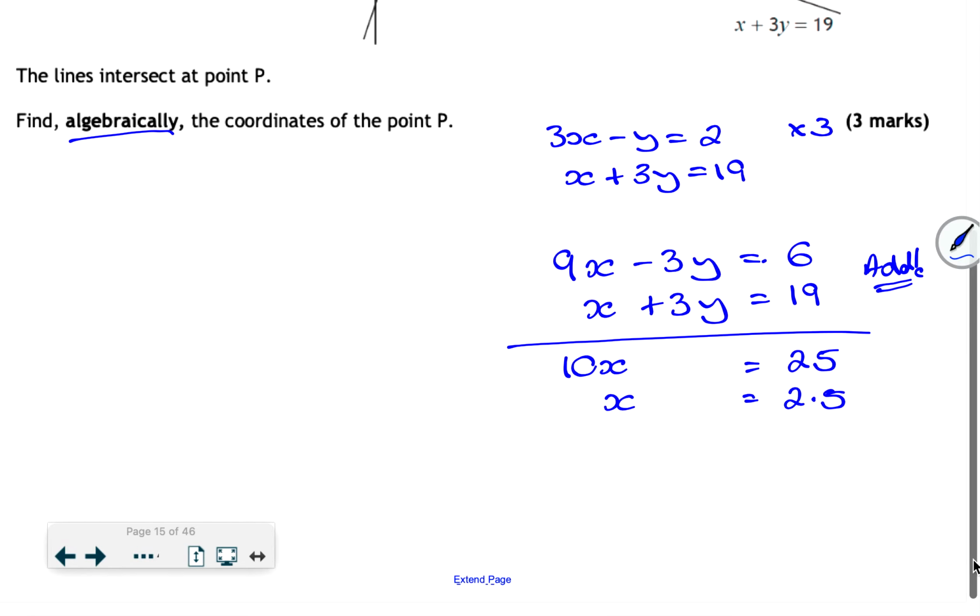So when x equals 2.5, put that into any equation. Let's just use the bottom equation because we're not having to multiply the x up. So we'll use x plus 3y is equal to 19. So take the 2.5 and sub it in.